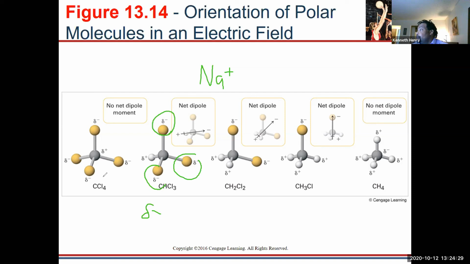So that's symmetrical too, right? But usually if the molecule is polar, 99.9% of the time, I can't think of any time that there isn't, but I like to put that little disclaimer there. Usually when the molecule is polar, that means that there is a distribution of charge. So that means that it's going to be asymmetrical in that case.